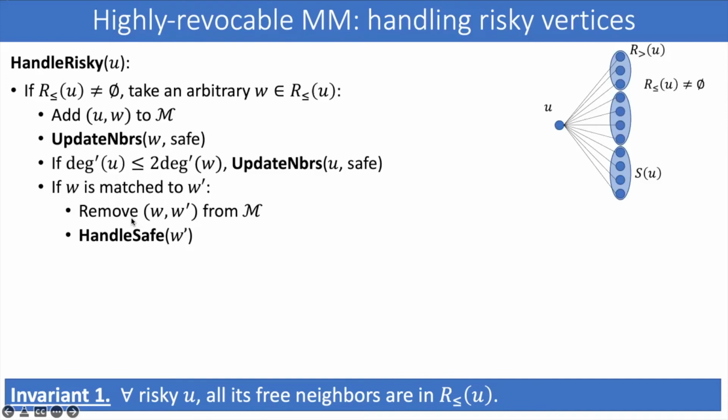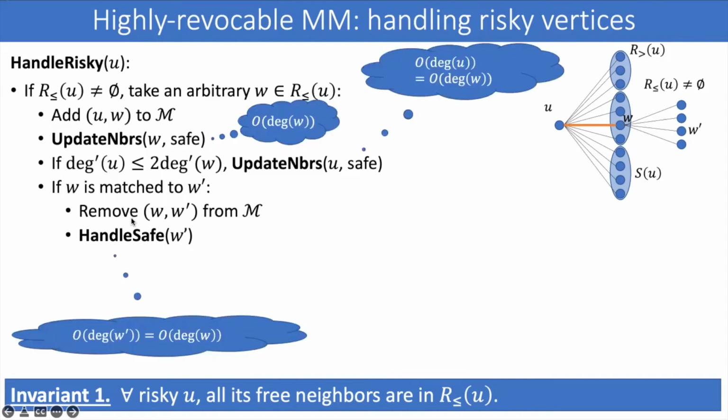Otherwise, if it's non-empty, we take an arbitrary neighbor W. If W was previously matched, we remove this edge from M and add UW to the matching, and the vertex W prime is the old mate of W. This vertex is a safe vertex that became free. In order to maintain the data structure and invariant 1, we invoke handle safe on W prime.